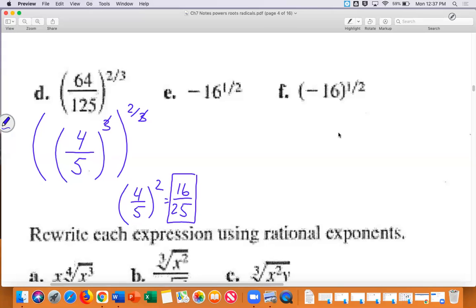This is saying the opposite of the square root of 16. Do you see how I got that? The 1, 2, rotated down. 2 is my thumb, it's outside the square root, and the 1 is the exponent of the 16. What's the square root of 16? So this is just negative 4.